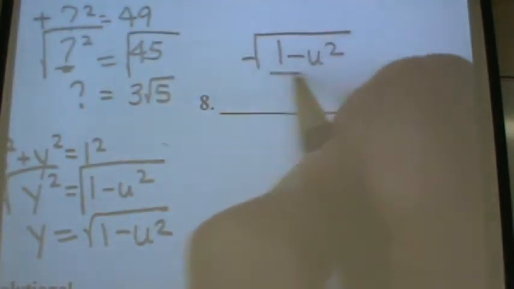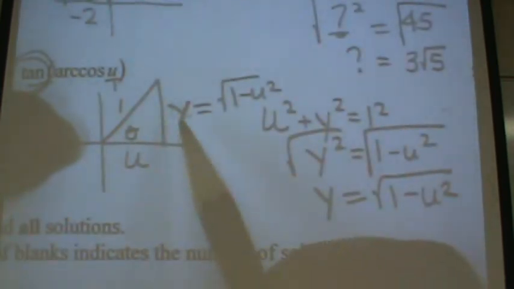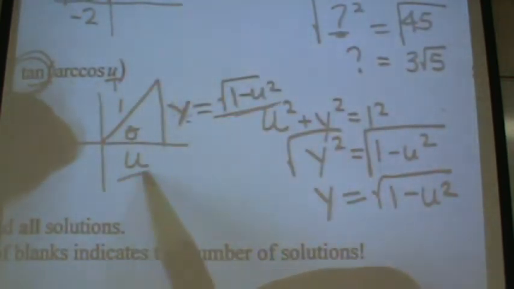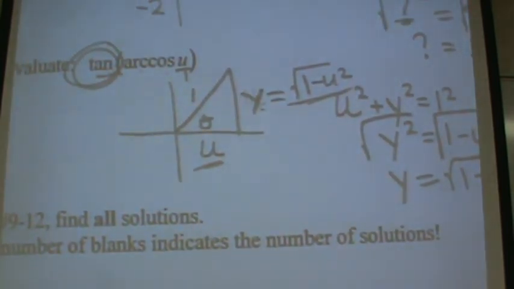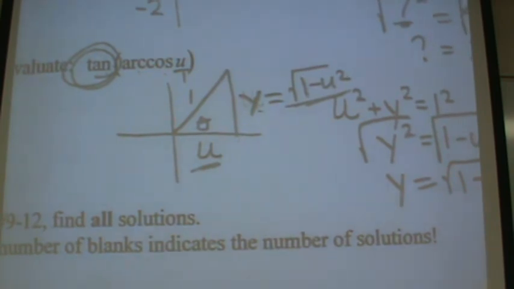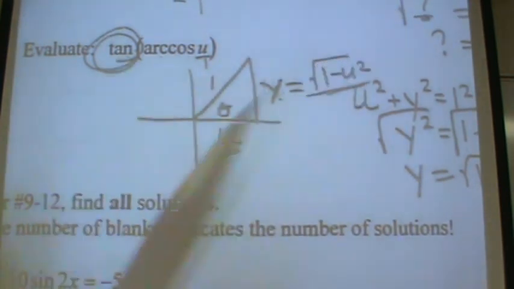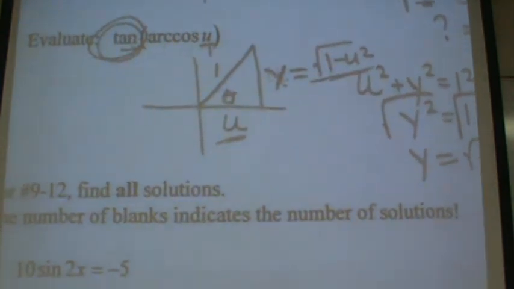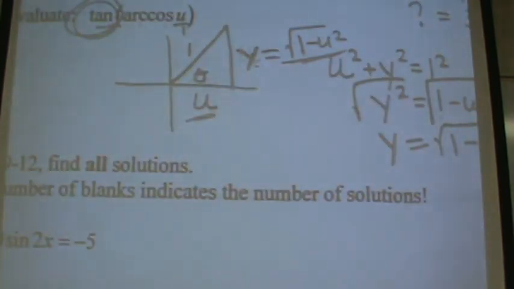So all you'd have to do is write the square root of 1 minus u squared over u. Opposite over adjacent. That's what tangent is. Now, if this word was sine, what would my answer have been? It'd be the square root of 1 minus u squared over 1. Next one.